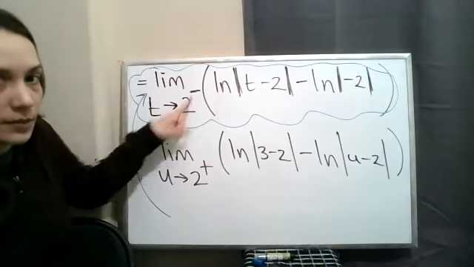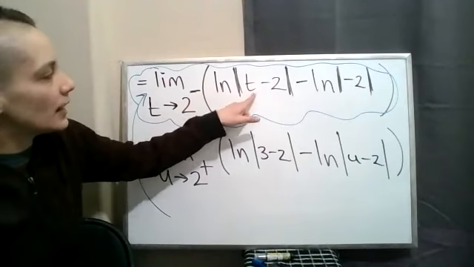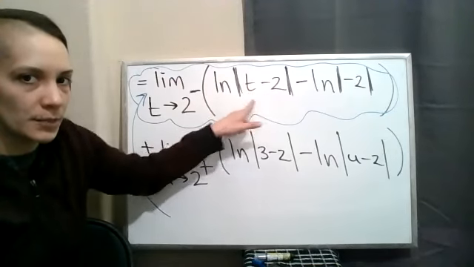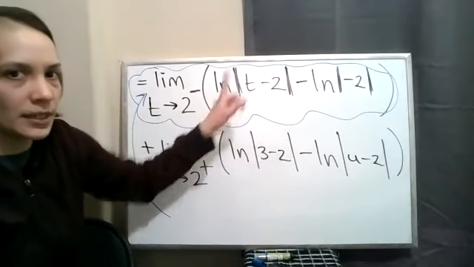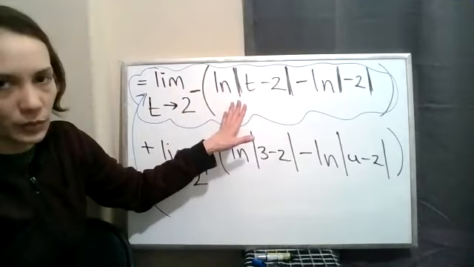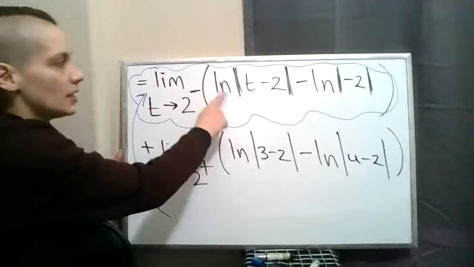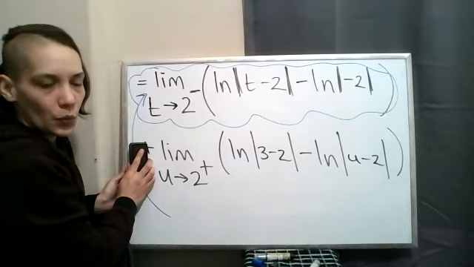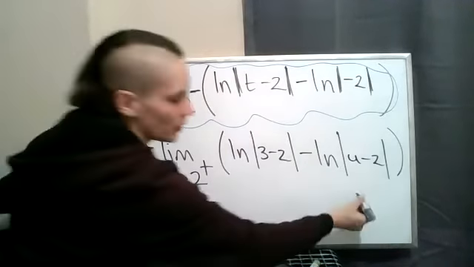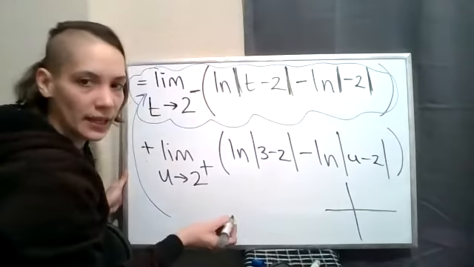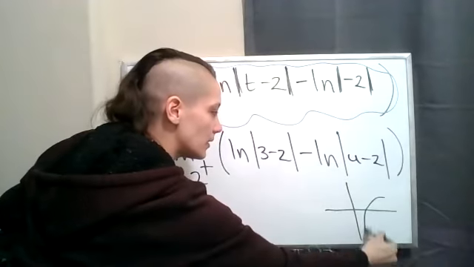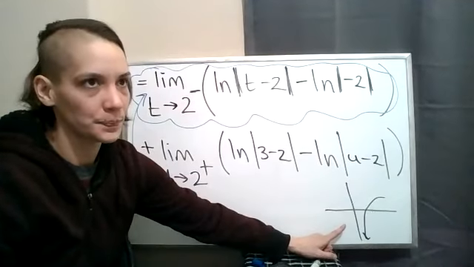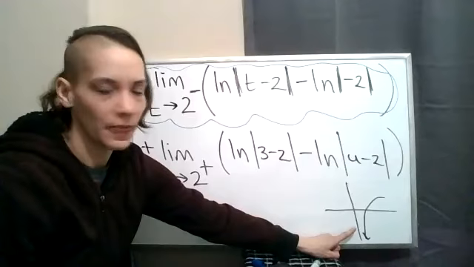Let t go to 2 from the left, which makes this value get closer and closer to 0. As this gets closer and closer to 2, this becomes 0. Take the absolute value and ln. We should sketch this on the side. So ln comes over to that vertical axis, but never crosses x equals 0.